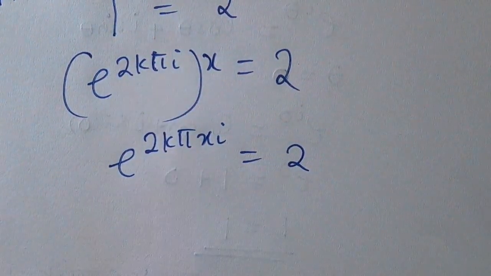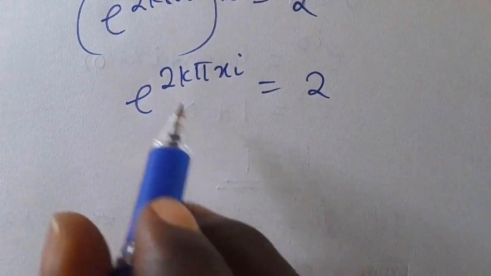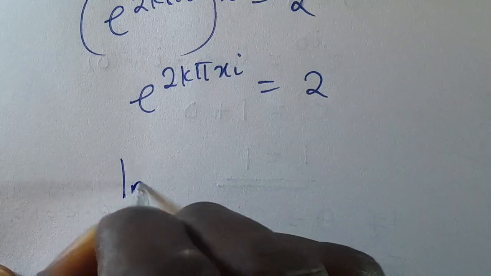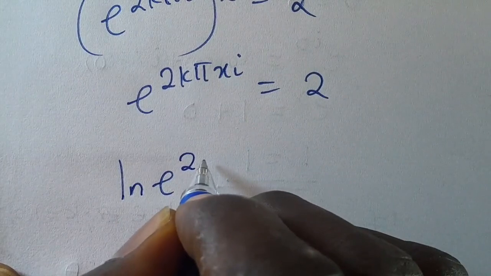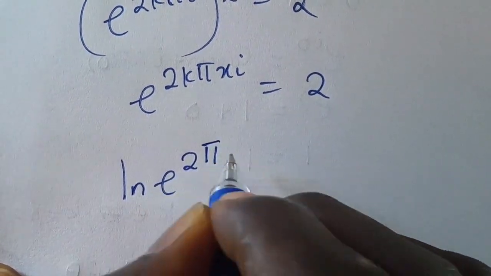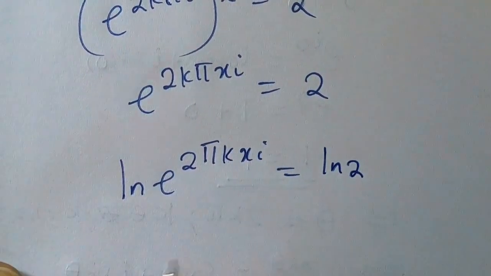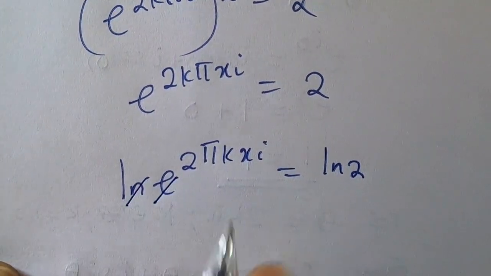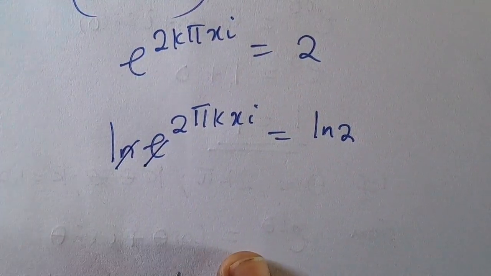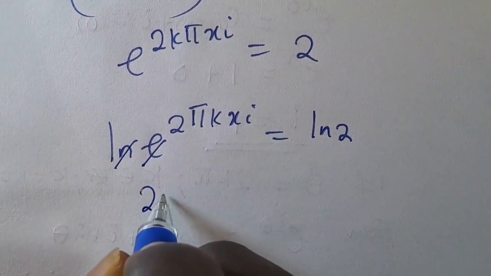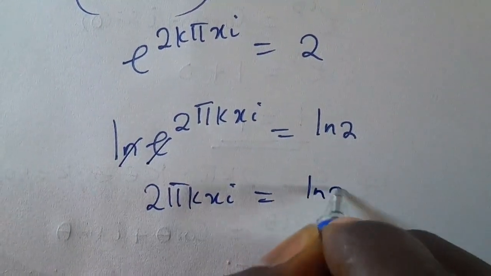Now, we want to make sure that we have this as the base. We can introduce natural log: ln of e to the power of 2k pi x i equals ln of 2. So when this cancels this, we have 2 pi k x i equals ln 2.